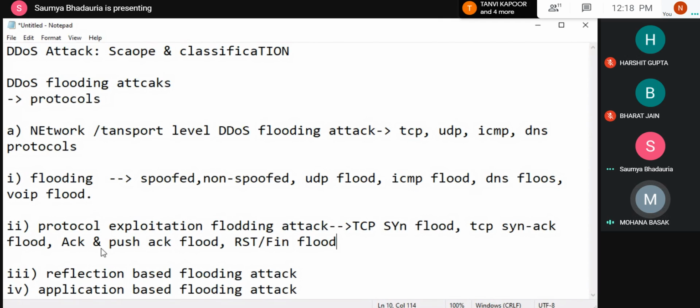Ma'am, finish is used for connection termination. Yeah, it is used for connection termination. If you're saying that it is used in TCP, will it be the three-way TCP or any other TCP?